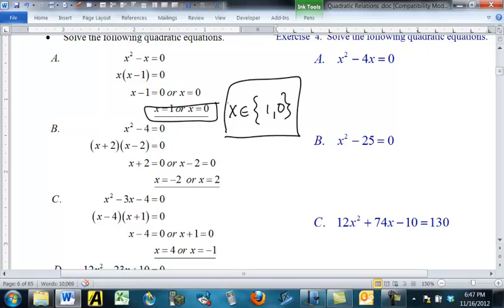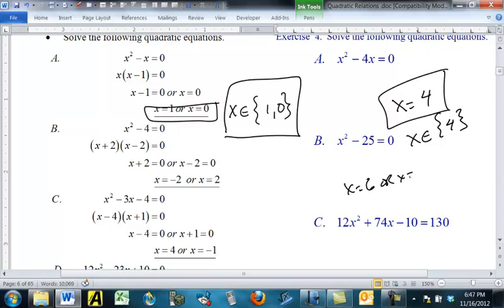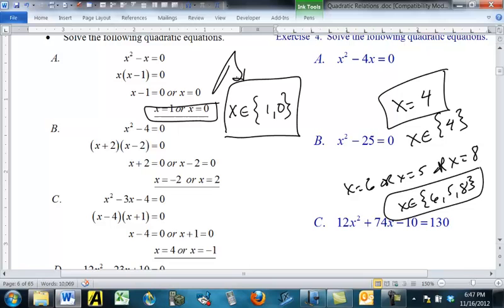If there's one, I think it's easier to say, for example, x equals 4 than it is to say x is an element of the set containing 4. I'd prefer this way. If you've got 3 or 4 things like x equals 6 or x equals 5 or x equals 8, I think it's easier to say x is an element of the set {6, 5, 8}. It's a little bit easier to write this way. And this way it's about the same either direction.